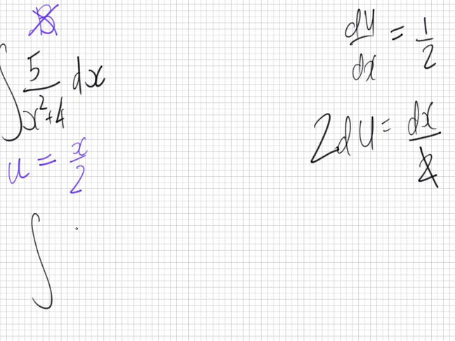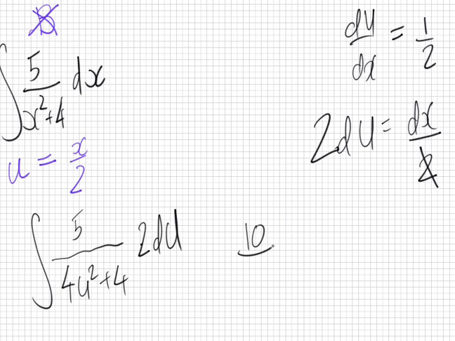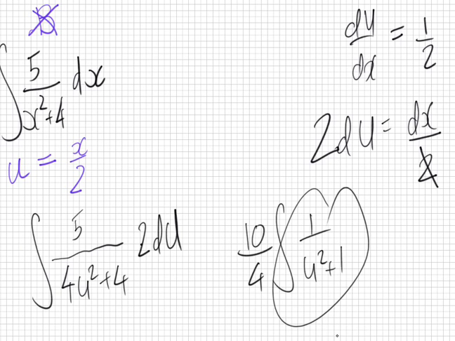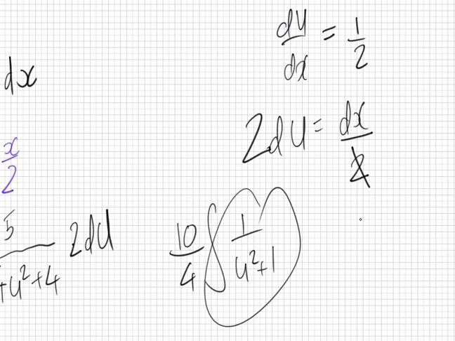So this becomes 5 over x squared, so that's 4u squared plus 4. And then this one here would be 2 du. So it ends up being 10 over 4, 1 over u squared plus 1. And we know that this one here, what's that? So tan inverse u, but what's u? X over 2.